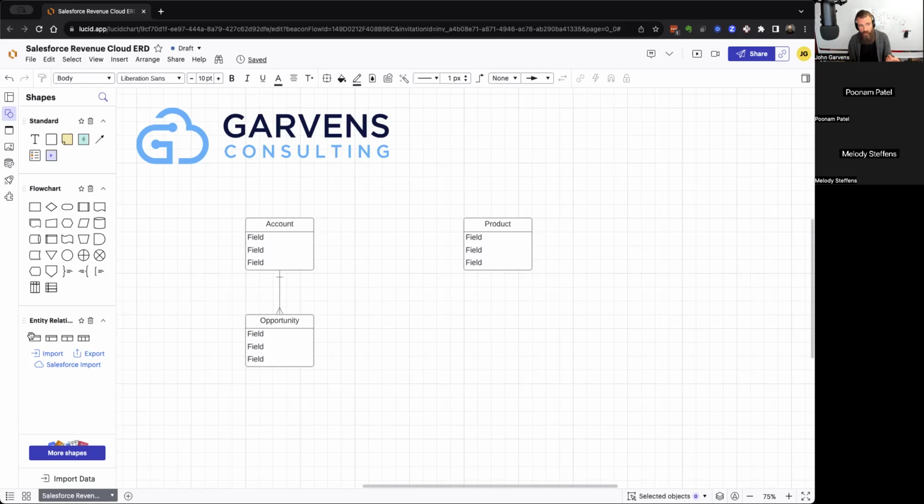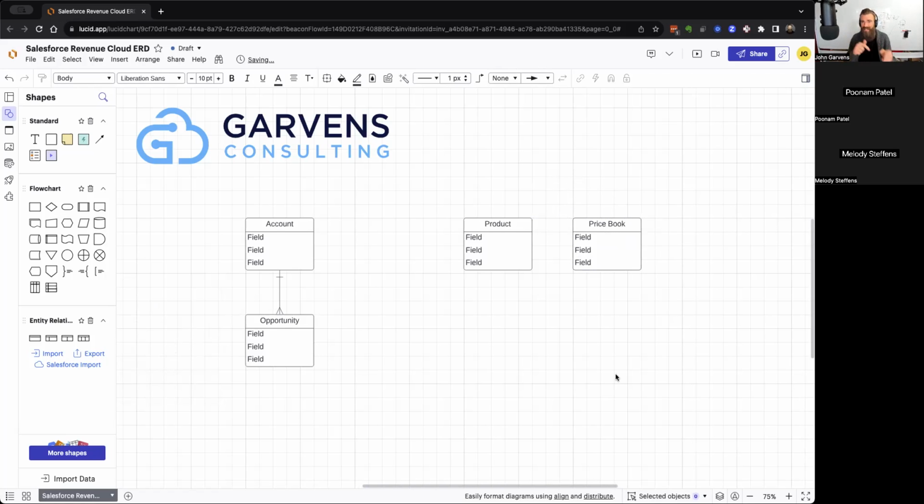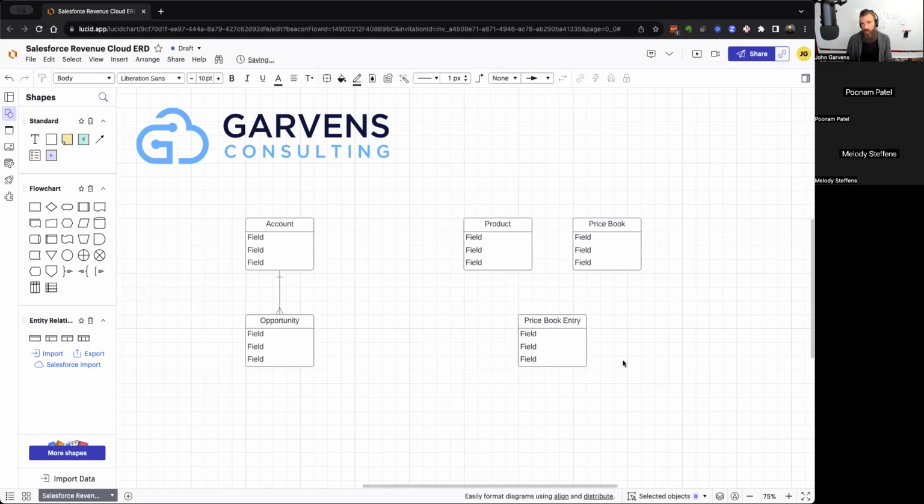That big catalog is my price book. Inside the price book, you see products. But what I'm really seeing in that price book are price book entries. A price book entry tells us what the price is for a product in a price book.